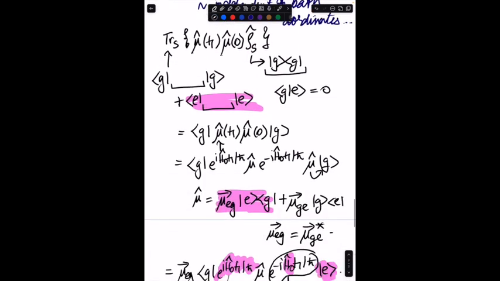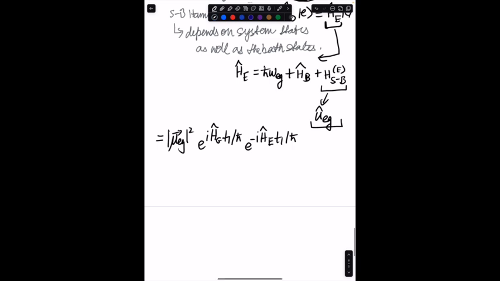And now the resultant expression has to be traced with respect to the bath state. So I get mu Eg, and then I trace this expression with respect to the bath states and the bath equilibrium density operator.